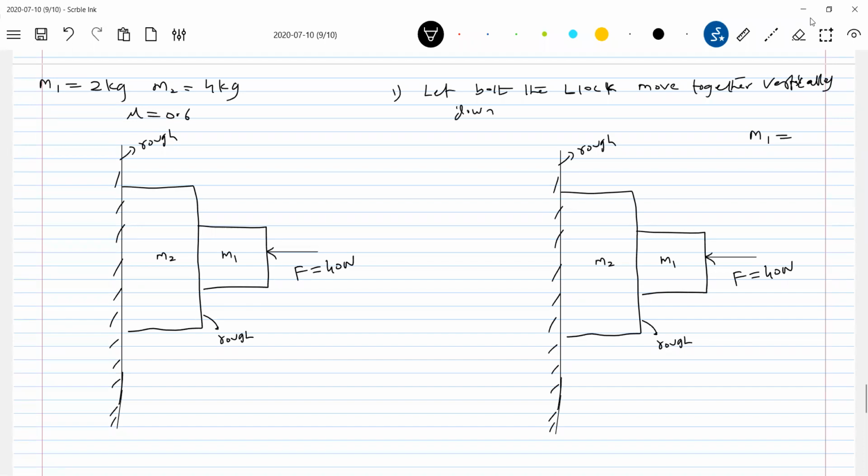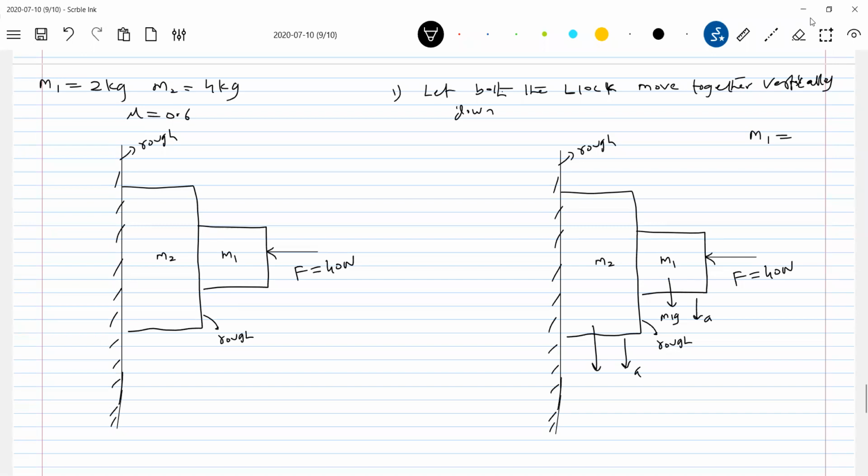Why am I assuming? I should solve the problem, no? I should assume any one situation. I assume like this. So let the acceleration of both the blocks be the same. We'll go for now the forces acting: M1g.